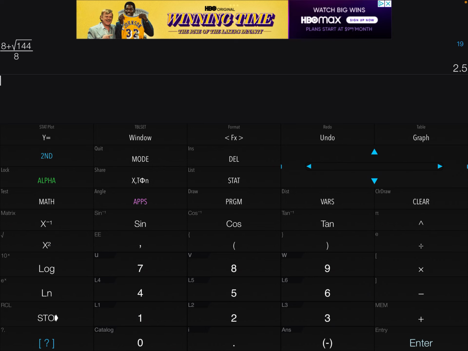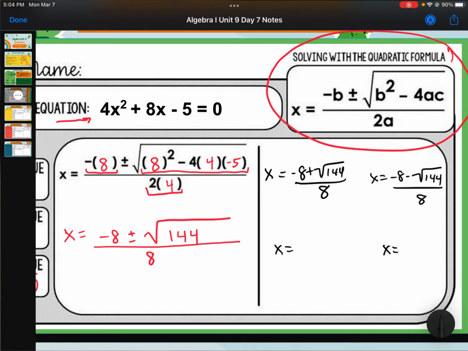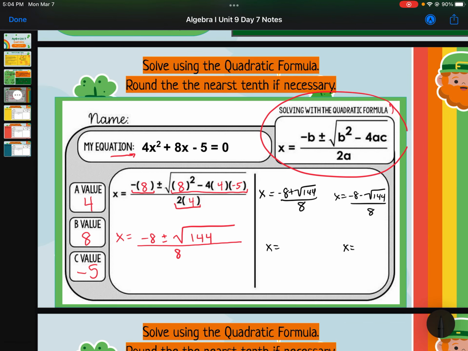So 2.5. And in the question, I do believe I said round to the nearest tenth if necessary. We didn't have to, but 2.5 is good. Pause the video and try the second part on your own. So we have the subtraction version. And on this one, we just get 0.5.